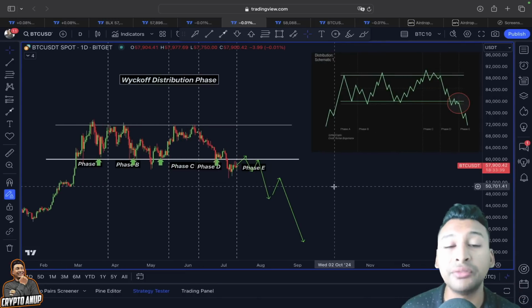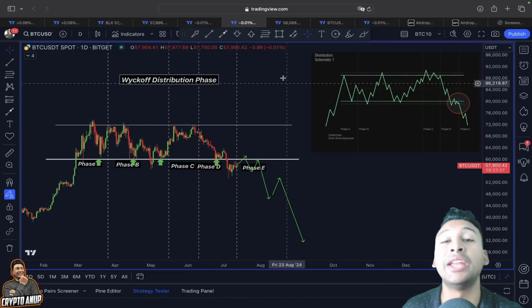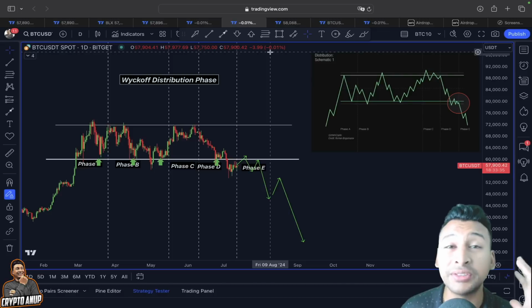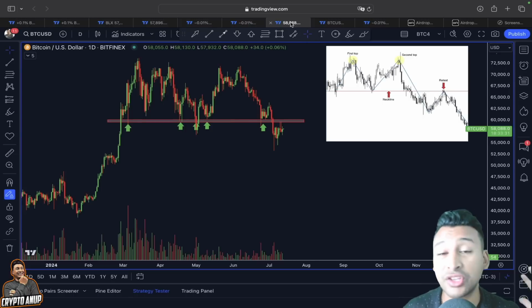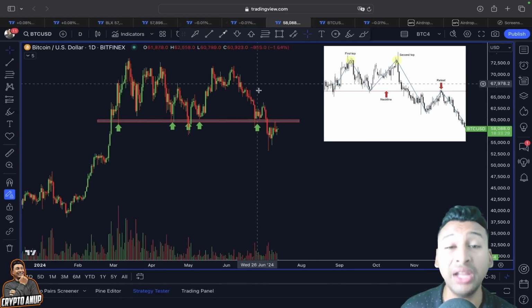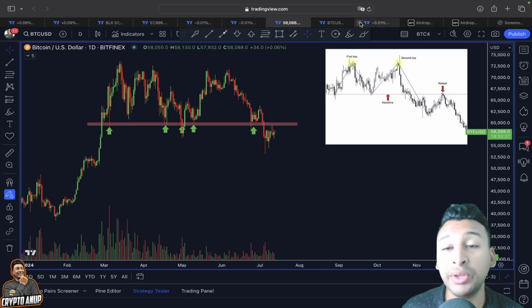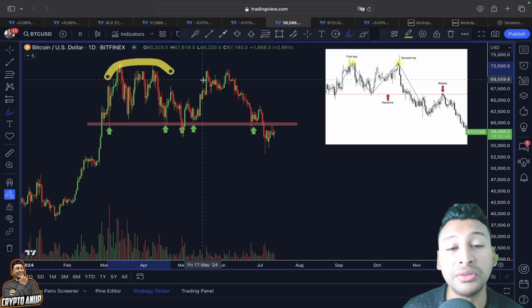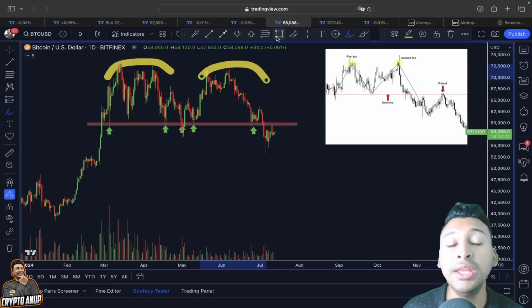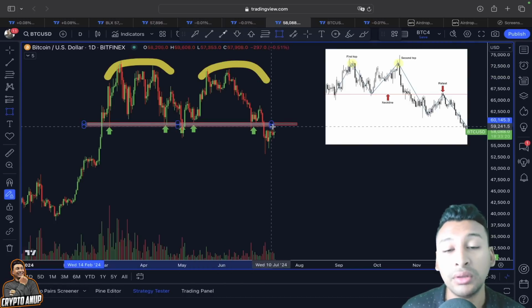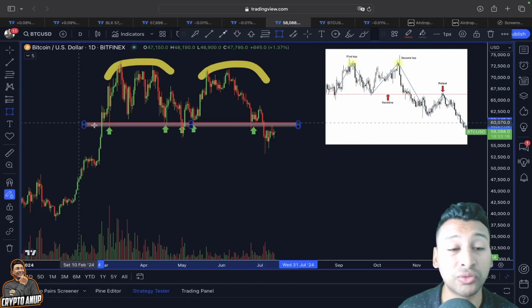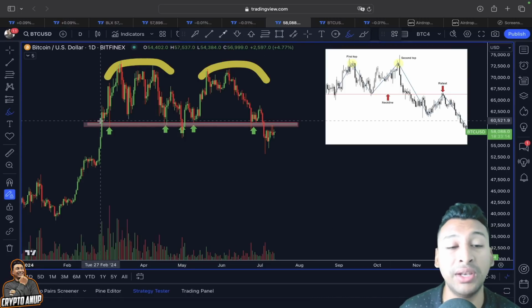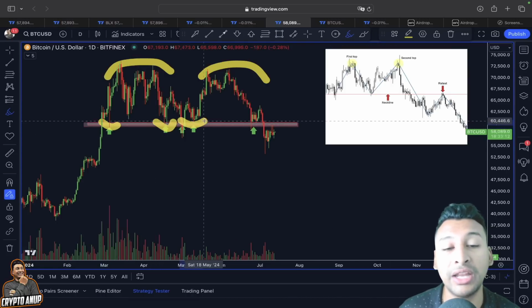Yes, this Wyckoff distribution phase will line up parallelly if the price in the medium short term fails to flip 60,000 into proper support, because I showed you guys not only the Wyckoff distribution phase, but even this double top formation. The price has already broken out from this neckline around 60,000, which was supposed to hold us, because in the past price action this trend line acted as a strong line of support.